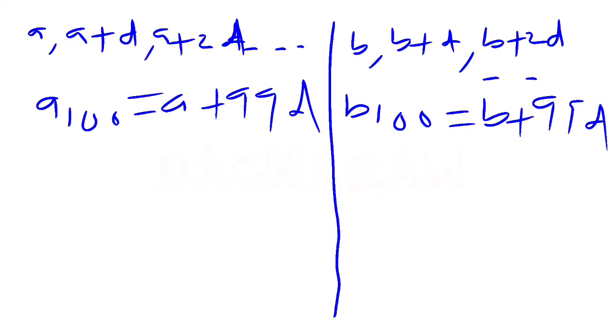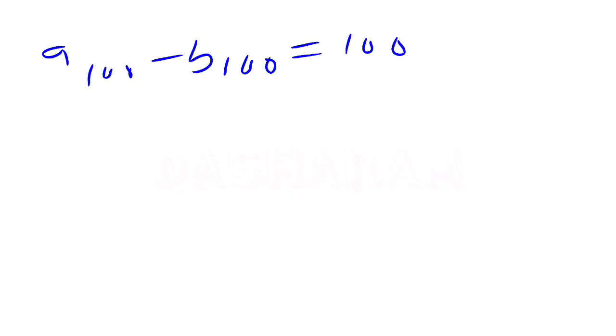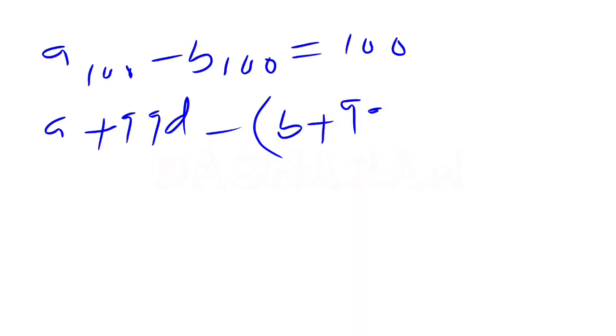So now their difference is 100. So difference means A100 minus B100 equals 100. So A100 is a plus 99d, minus, take the bracket, B100 means b plus 99d, equals 100.